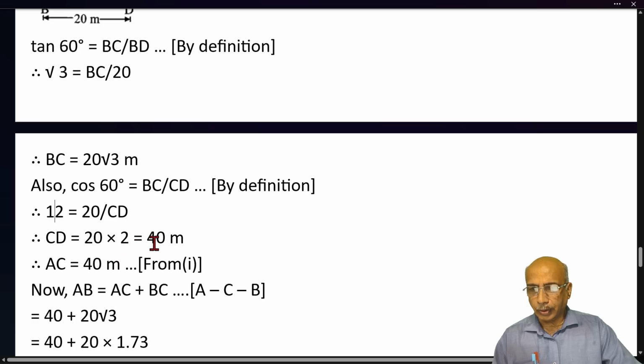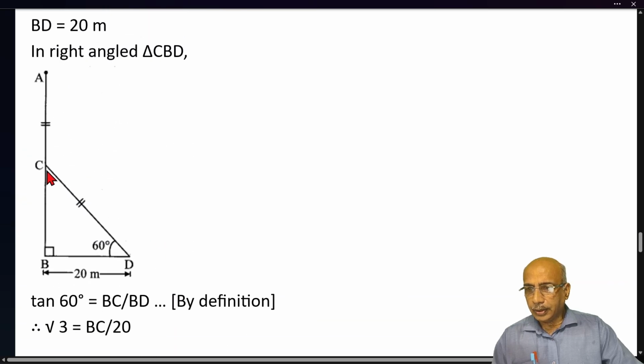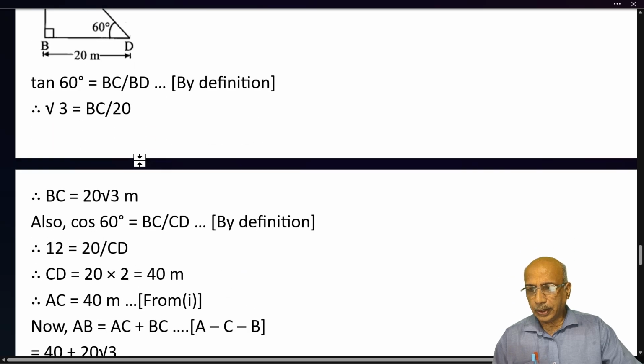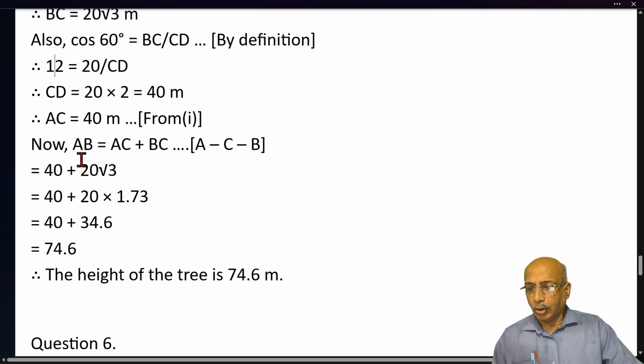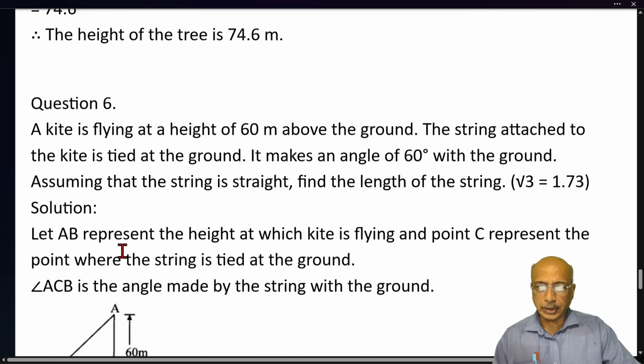So CD equals 40 meter and CD equals AC. Why? This is the broken part CD. CD is 40, so AC will also be 40 meter. Now AB equals AC plus BC, that is 40 plus 20 root 3, equals 40 plus 20 into 1.73, that is 40 plus 34.6 equals 74.6. The height of the tree is 74.6 meter.